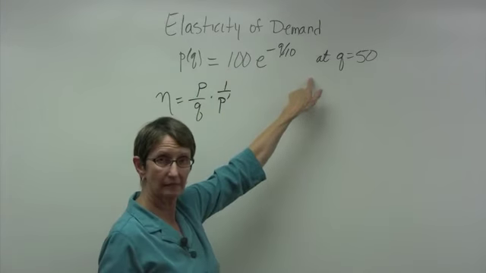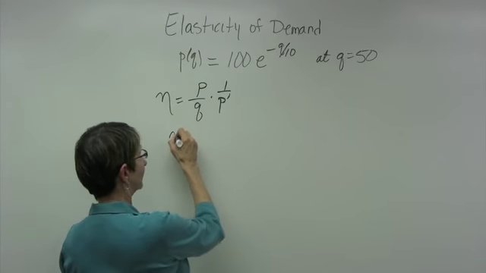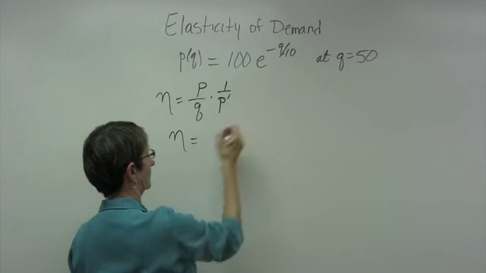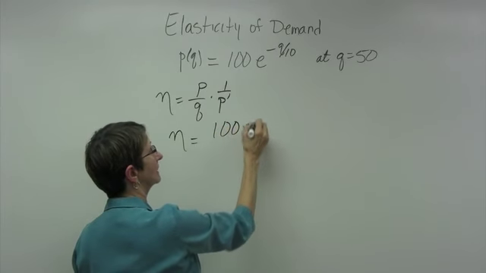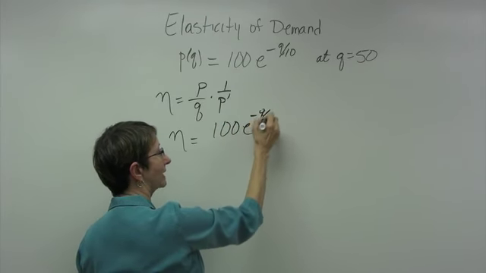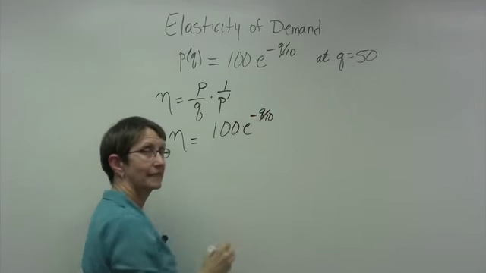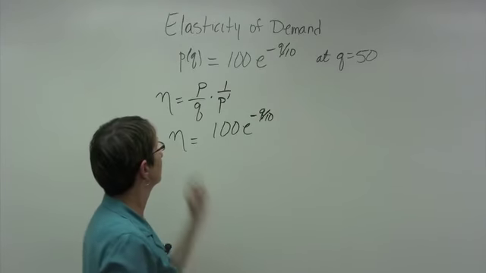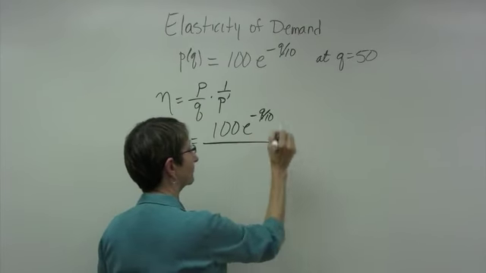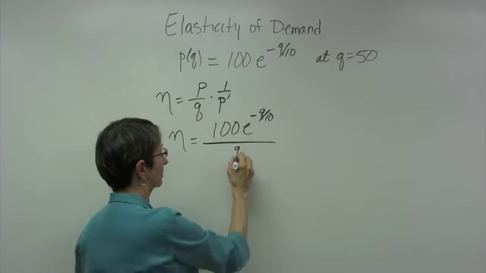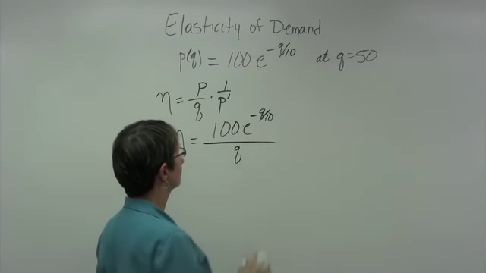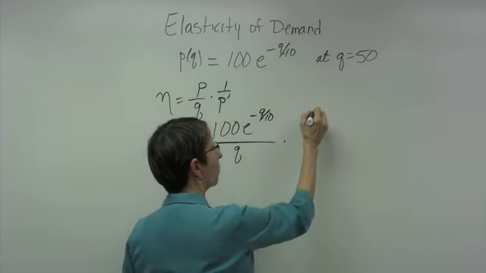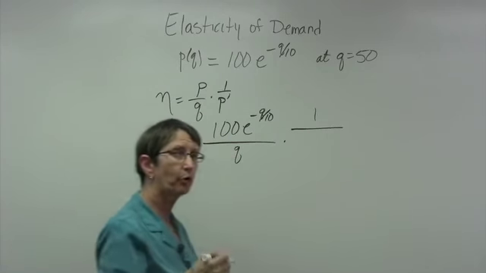P is all of this. So elasticity is equal to P, 100e to the negative Q over 10, that's my exponent, over Q, and for now I'm not going to put in 50, I'm just going to put in Q, times 1 over P prime.